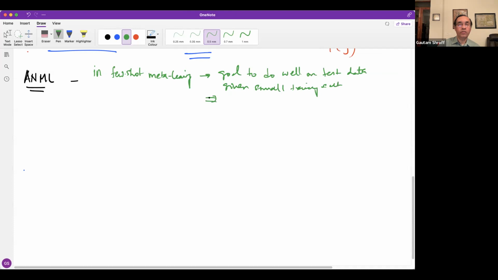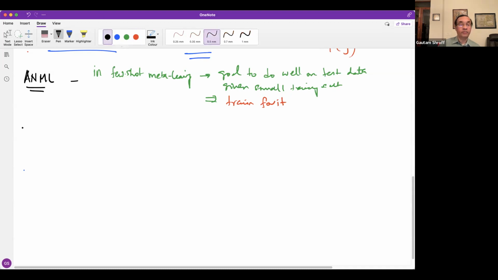And the solution was, well, if that's what you want to do, train for it. That means you created a training procedure where the network gets some small amount of training data, and you find how well you can do on test data by exploring that training data.